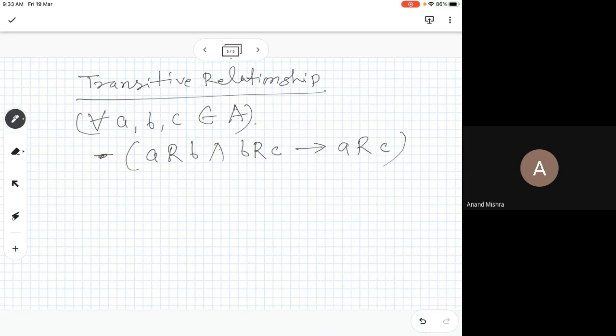If A is related to B, B is related to C, then A is also related to C. So this is called transitive, because there is a transition from A to B to C, A to C.